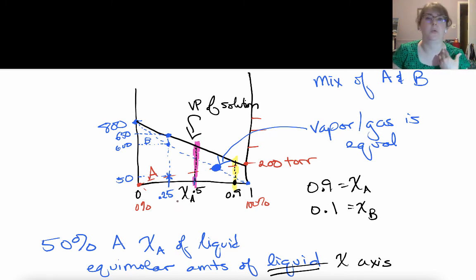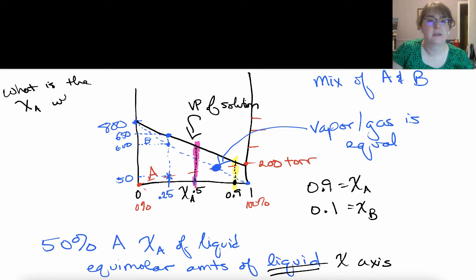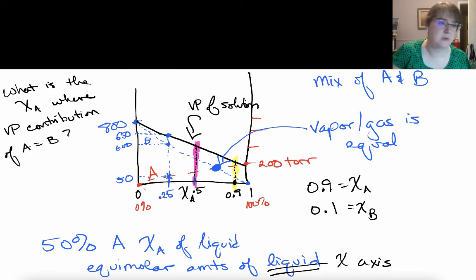So for example, if I wanted to know what is the mole fraction of A where the vapor pressure contribution of A is equal to B, where basically the amount of vapor pressure contribution is the same. That's that point we were talking about where the two lines actually intersect.